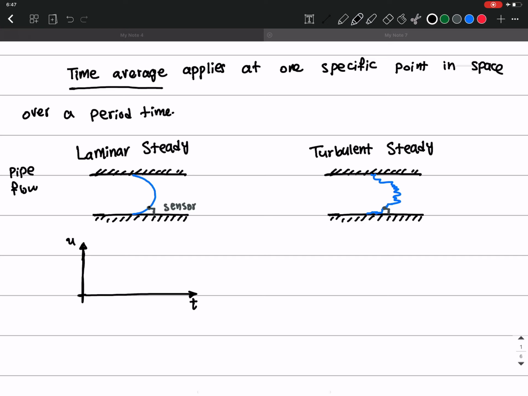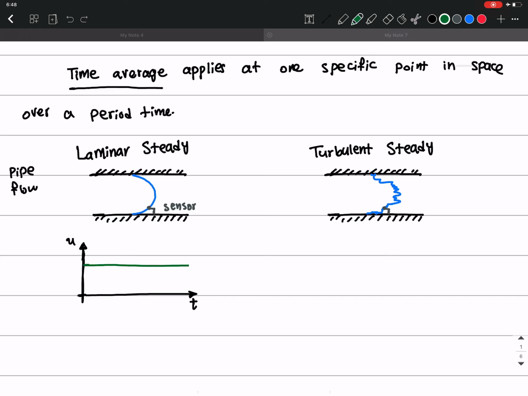So for a laminar flow, the velocity will be always constant. We have no variations in the velocity in time. We might have some variation in space, like if you go higher, the velocity might increase in the center of the pipe.